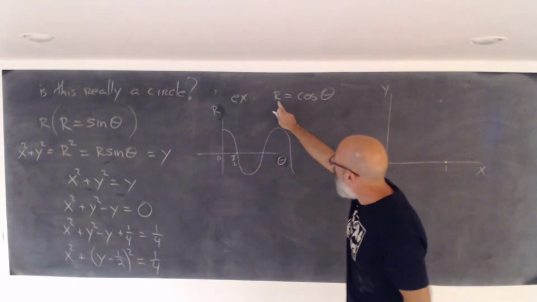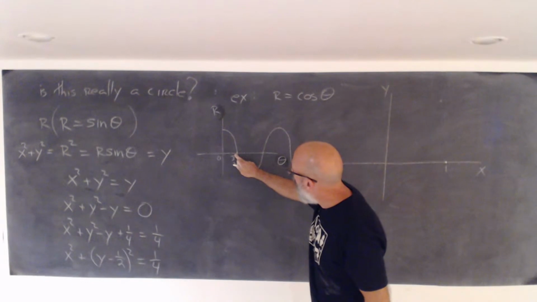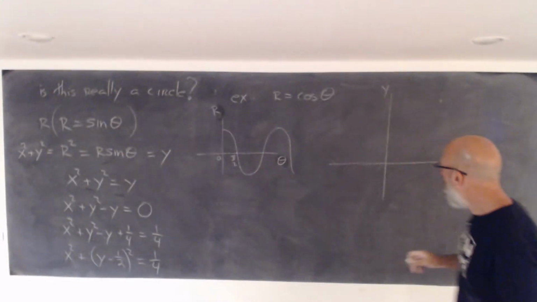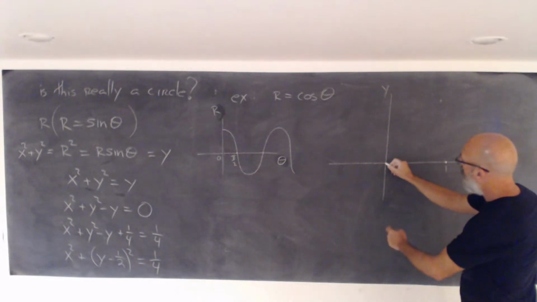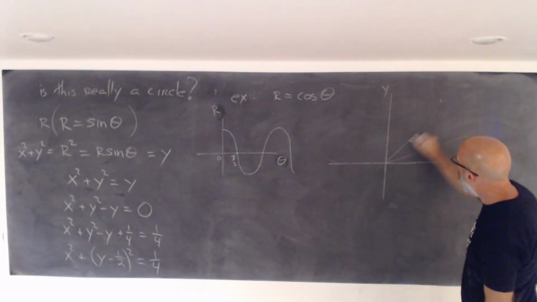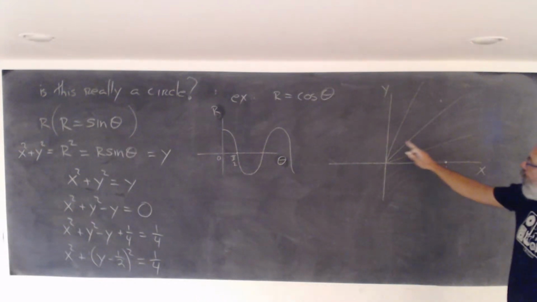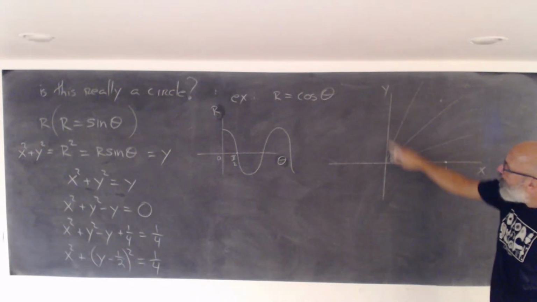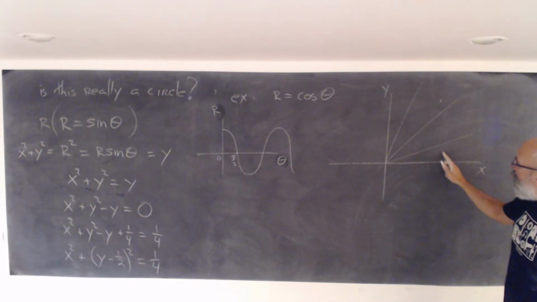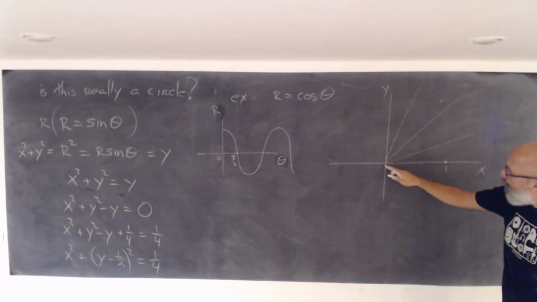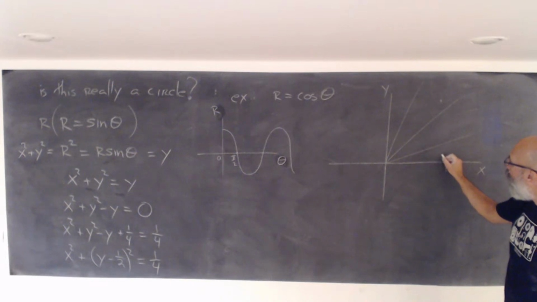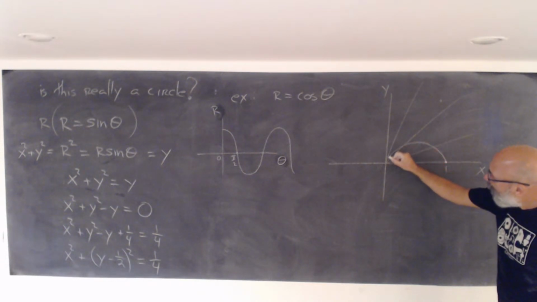What is happening to r? R is getting smaller and smaller all the way to 0. So as you move to pi over 2, the distance from the origin is getting smaller and smaller all the way to 0.